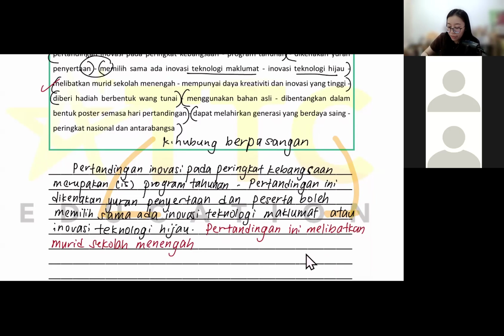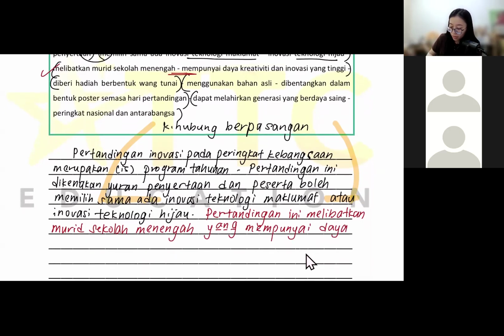You want to say that having the daya creativity, which is having abilities of creativity, starting with Y. Yes, correct. So yang mempunyai daya kreativiti dan inovasi yang tinggi.